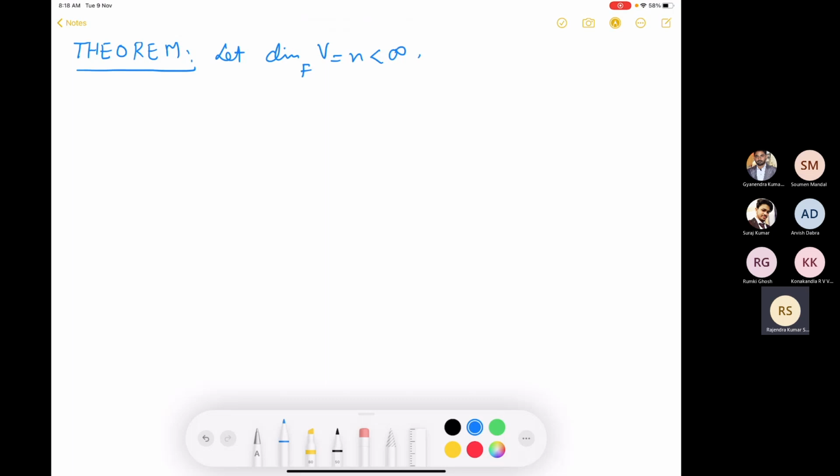This whole thing that we are doing is for finite dimensional vector spaces. And T be a linear transformation on V, having all of its characteristic roots in F.